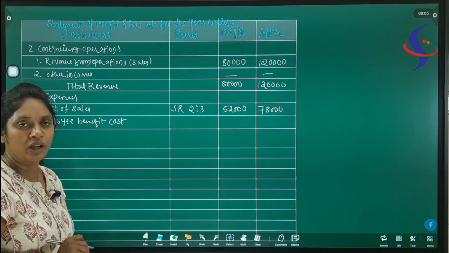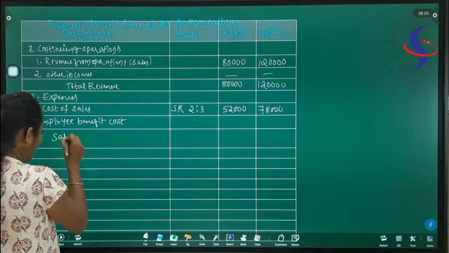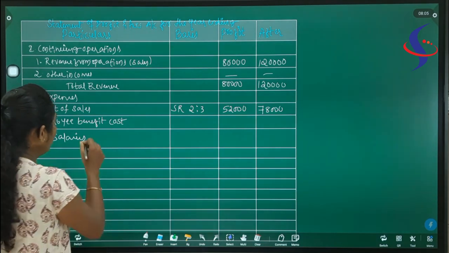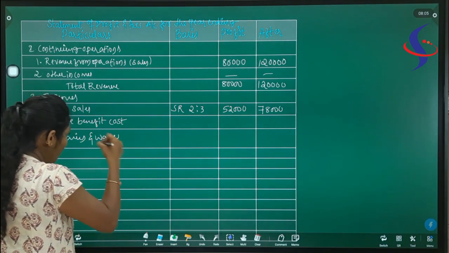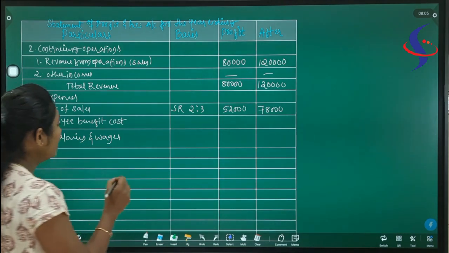That is why it is called employee benefit cost. What all will come in that? Salary. Salary is a benefit to the employee, an expenditure to the company. That is why salaries and wages. What is the difference between salary and wages? Salaries are paid monthly and wages are paid daily.